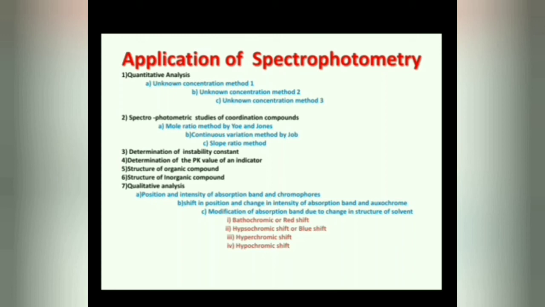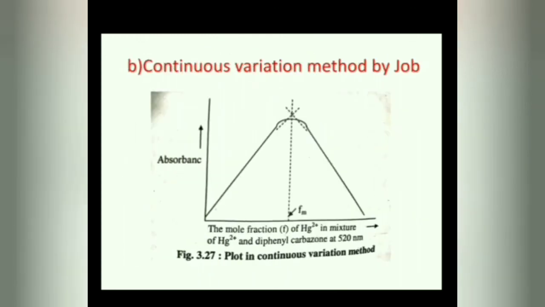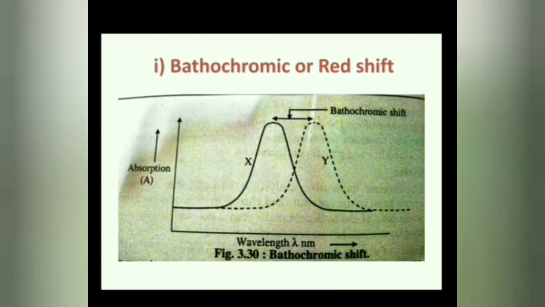First one is the bathochromic shift. It involves the shift of absorption maximum towards a longer wavelength because of the presence of the auxochrome or by change of the solvent. It shifts the absorption maximum towards a longer wavelength. The shift of the absorption maximum due to change in solvent is called the solvent shift.